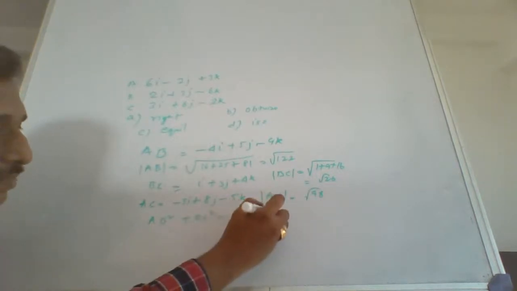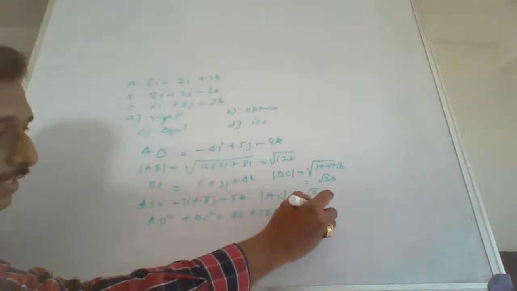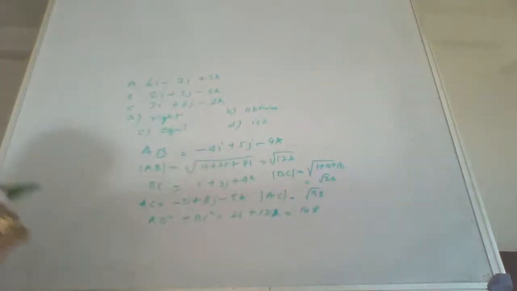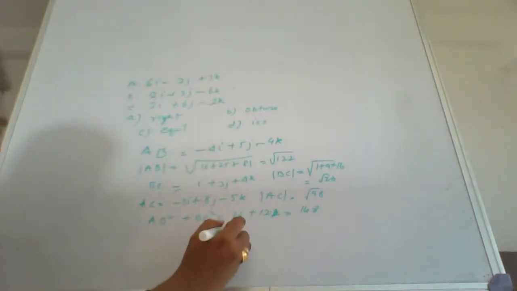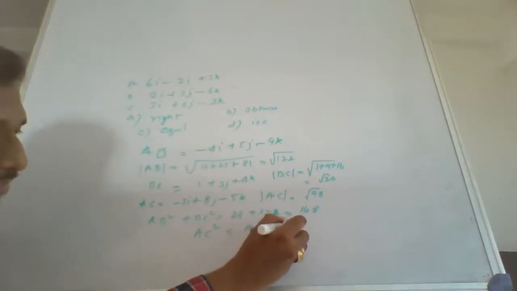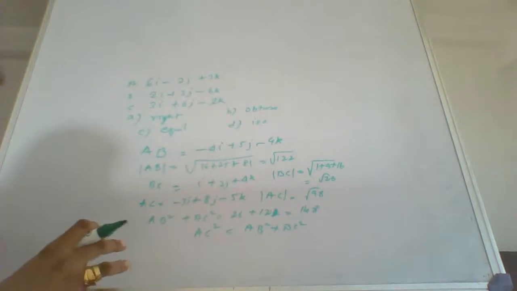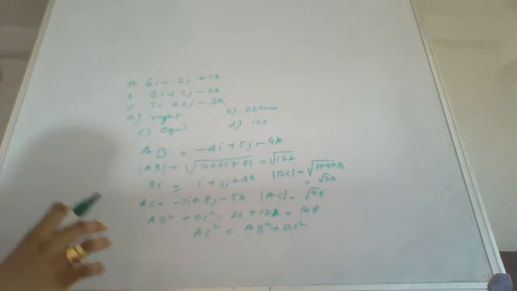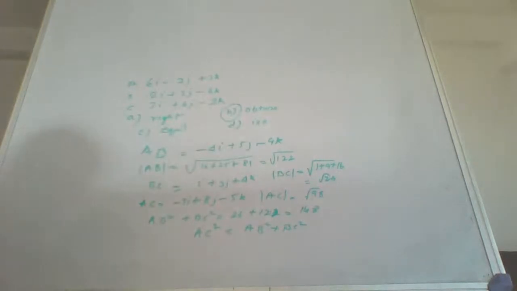So I get 26 plus 122, which results to 148. Since AC square is less than AB square plus BC square, this triangle is an obtuse angled triangle. So the choice is B here.